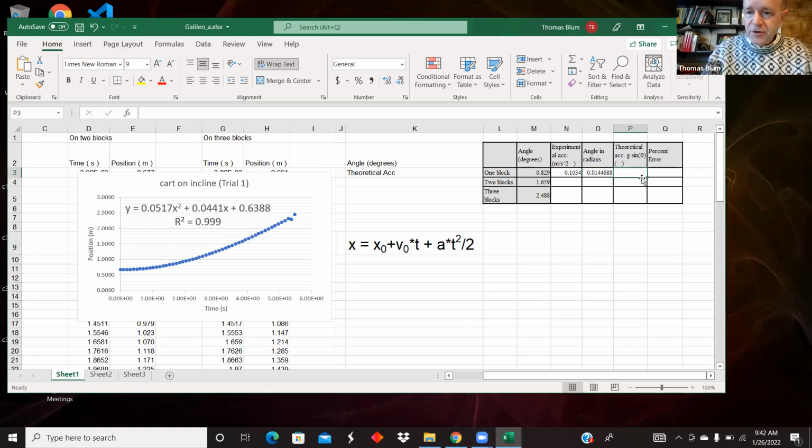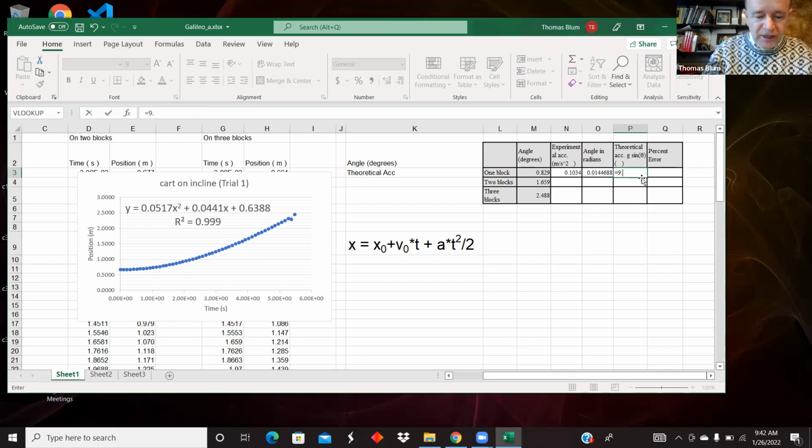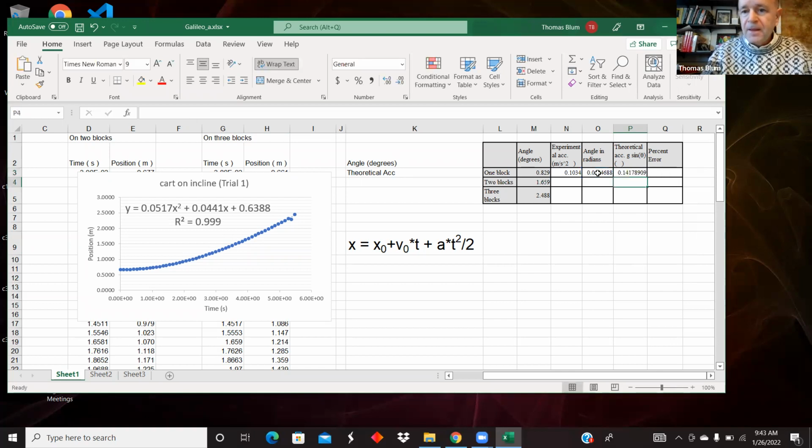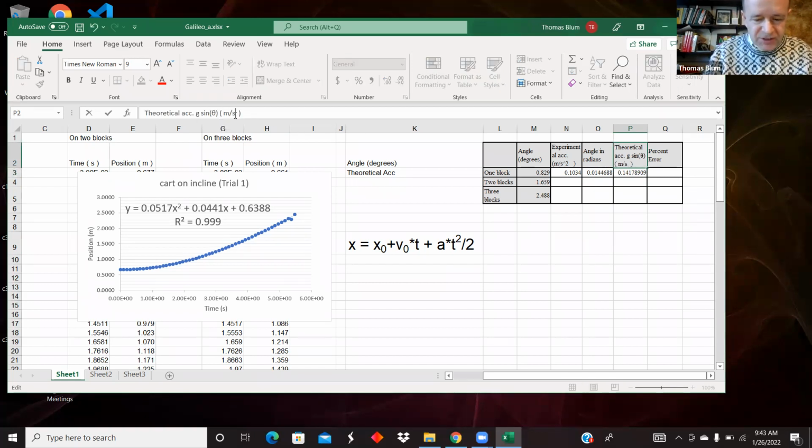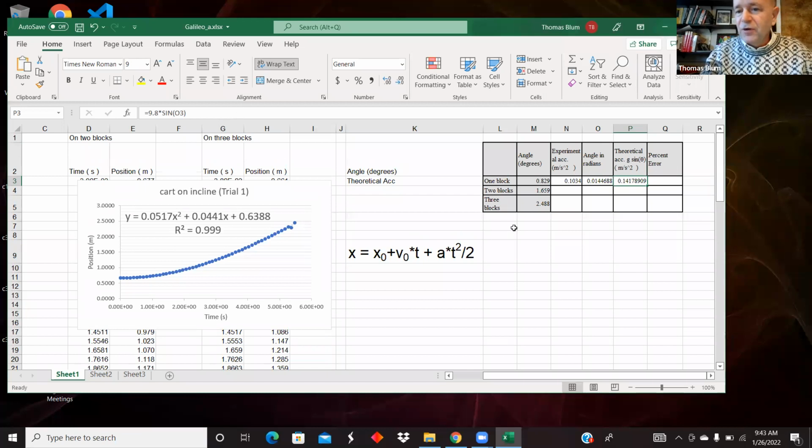And then here is the formula: G, which is 9.8, you want 9.81, feel free, times sine of the angle in radians. Okay, so here is my theoretical acceleration. Again, I should put in meters per second squared for a unit.